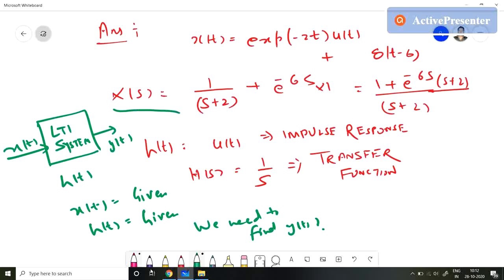So x(t) is given, so X(s) is basically the Laplace transform of x(t), and it is equal to 1 divided by s plus 2 plus e raised to the power minus 6s into 1. That is the Laplace transform of this term, and we have combined these two terms, and this is our X(s). Now H(s) is also given.